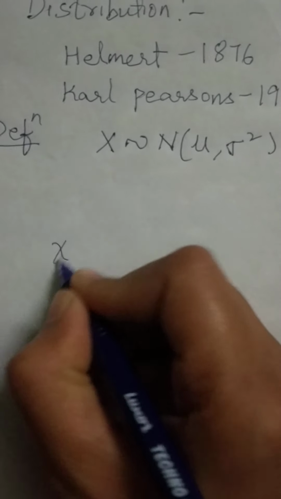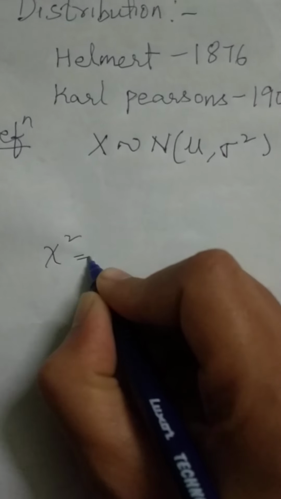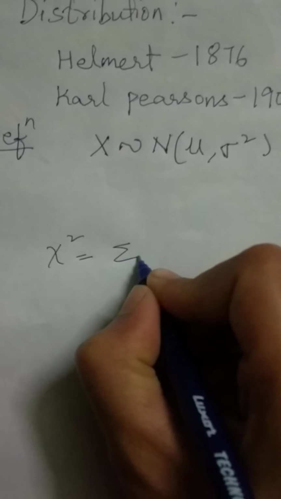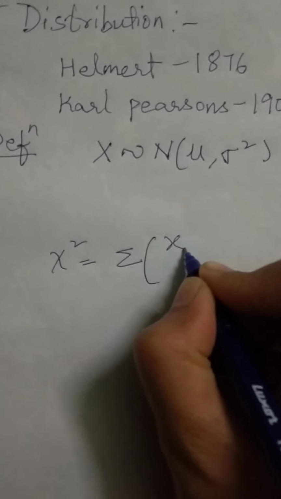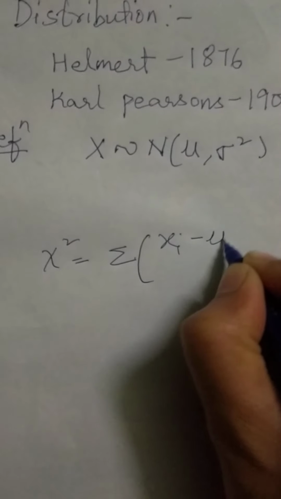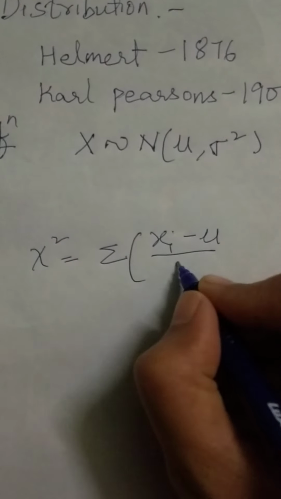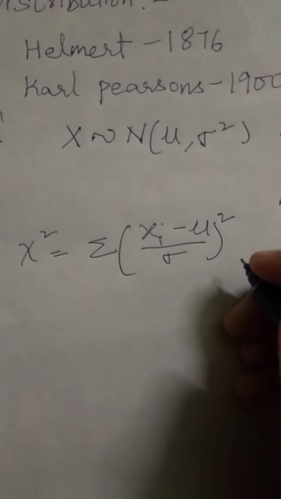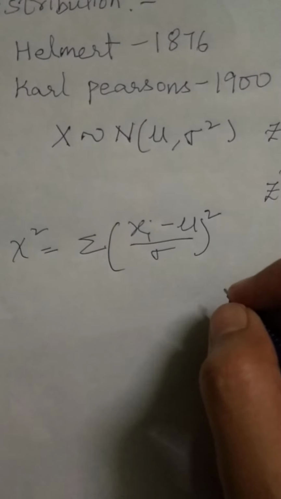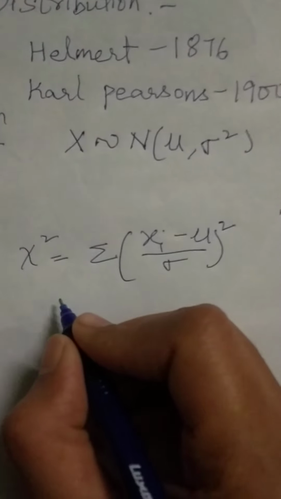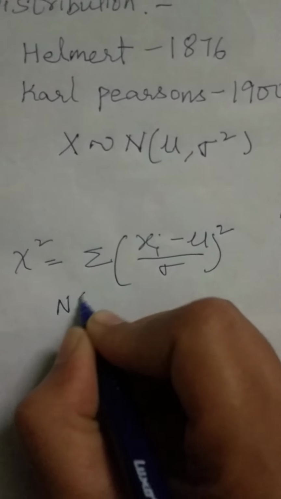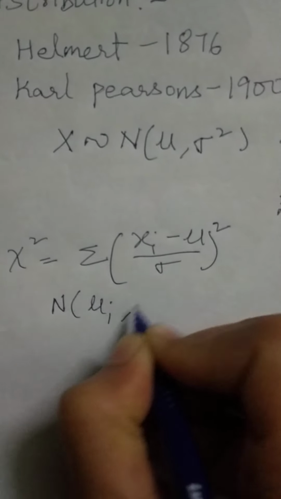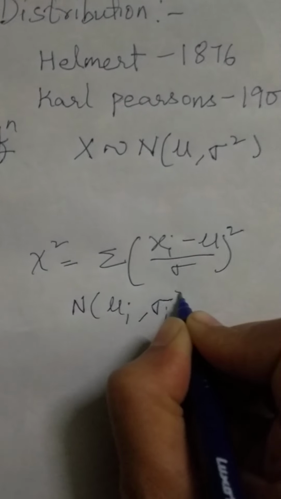In general, students, chi-square is equal to the summation of xi minus mu by sigma whole square, where x1, x2, x3 and so on till xn are n independent variates distributed as N of mu i, sigma i square.